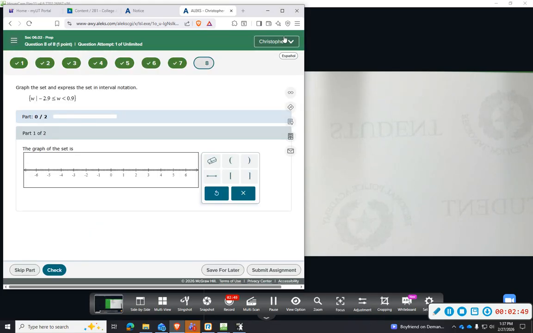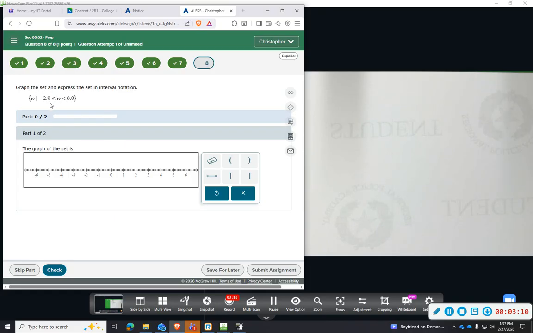And then number 8. So this is a compound inequality. So we're going to be between the two numbers, -2.9 and +0.9. So W is in between these two. With the inequality symbol having less than or equal to, that means we're going to use a bracket.